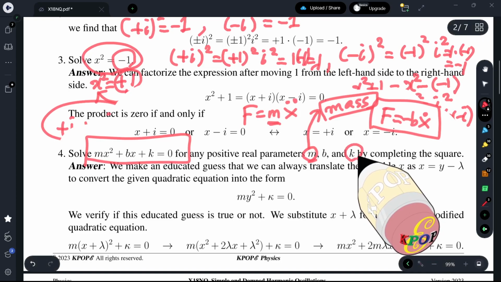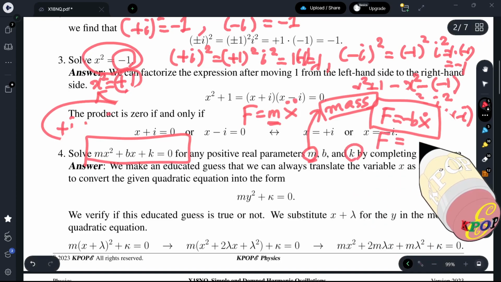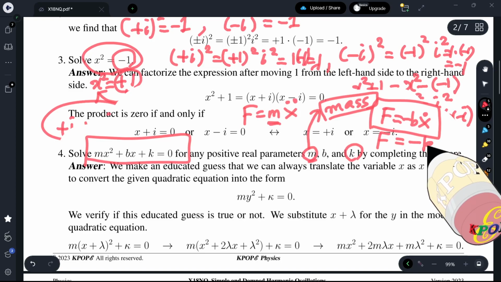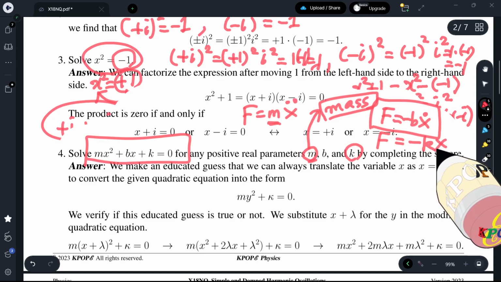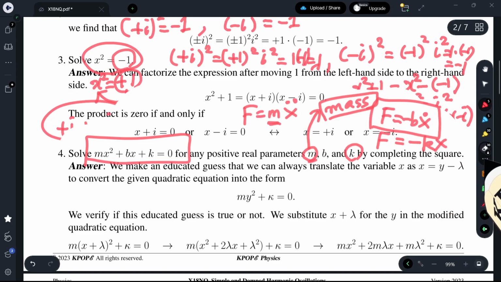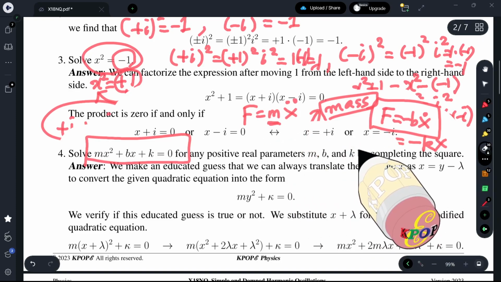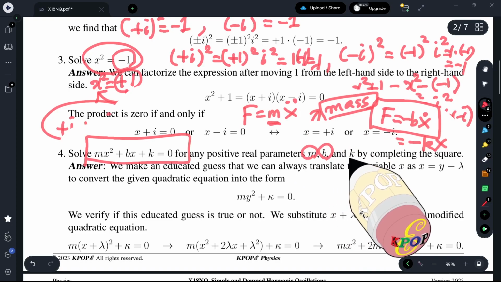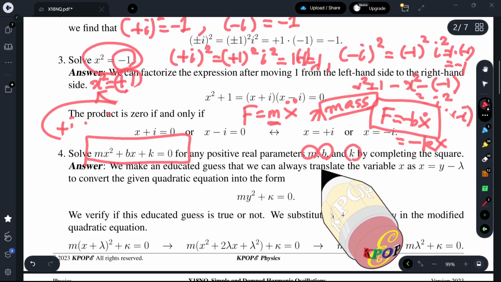And k comes from the fact that we are interested in the restoring force of a spring with spring constant k. Anyway, all three parameters are real and positive.